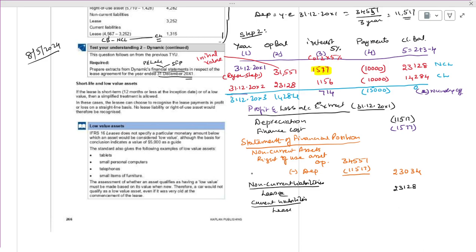No. How much is the non-current liabilities? 23,128.